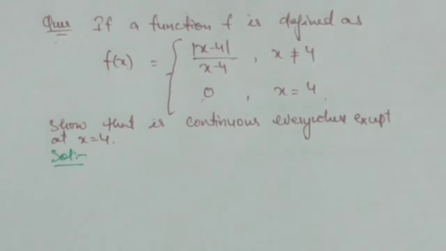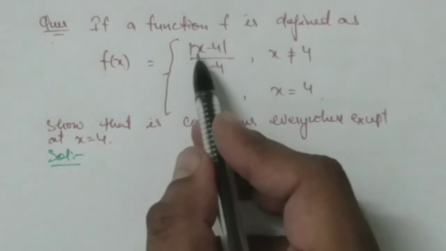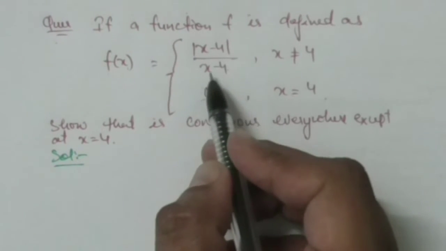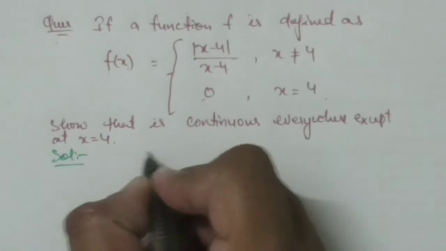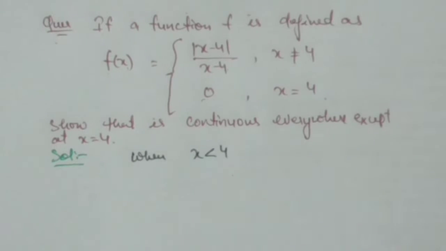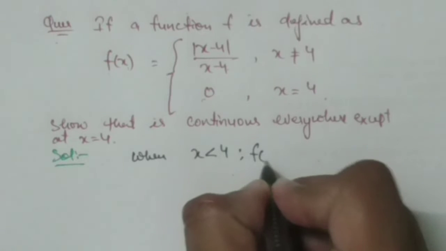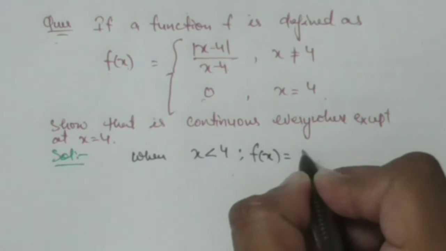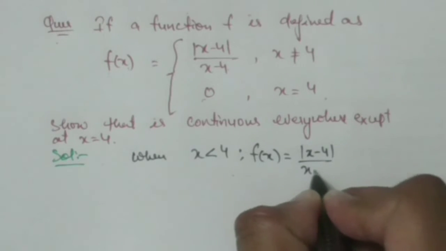Now see this definition of this function f(x). So when the value of x is not equal to 4, then f(x) is equal to |x - 4| upon (x - 4). So when x is less than 4, what happens? f(x) is equal to |x - 4| upon (x - 4).